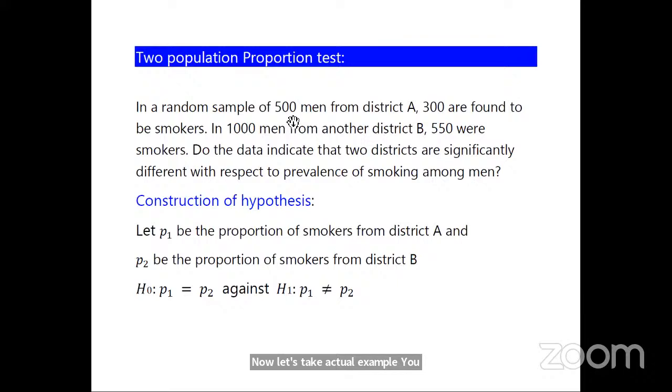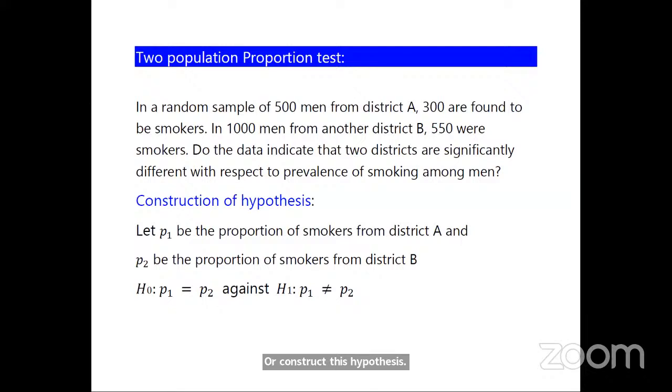In a random sample of 500 men from district A, 300 are found to be smokers. In 1000 men from another district B, 550 were smokers. Do the data indicate that two districts are significantly different with respect to prevalence of smoking among men? So first of all, we will formulate our hypothesis. In words, how we will construct this hypothesis?